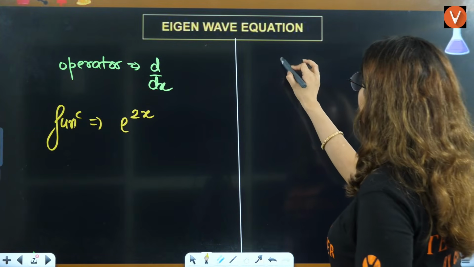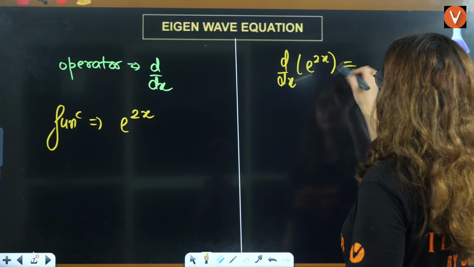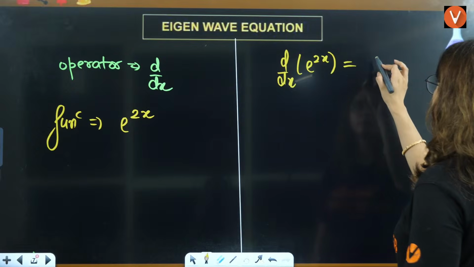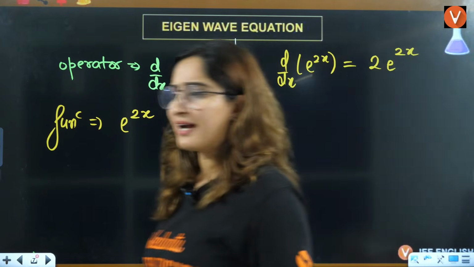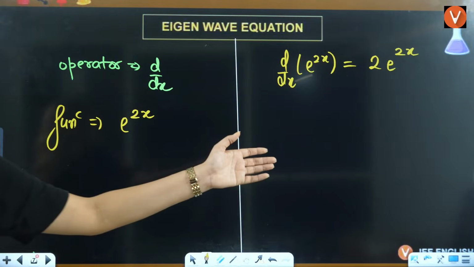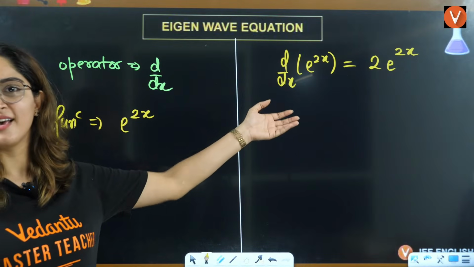Now if you have d by dx of e raised to power 2x, differentiation will be 2 into e raised to power 2x, okay? That I think for JEE aspirants, I don't even need to tell you this, you are pro in this. You're better than me in this, right?